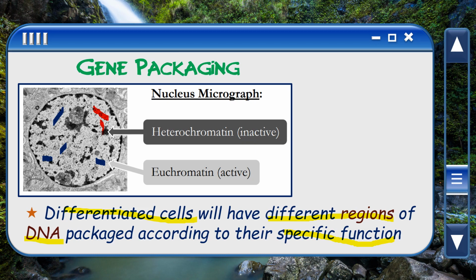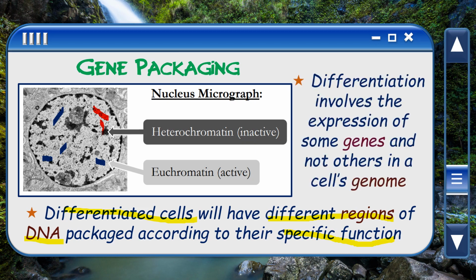And those that are not required for those particular cells are packaged in a condensed way, which we call heterochromatin. They are inactive. So, differentiation involves the expression of some genes and not others in a cell genome.